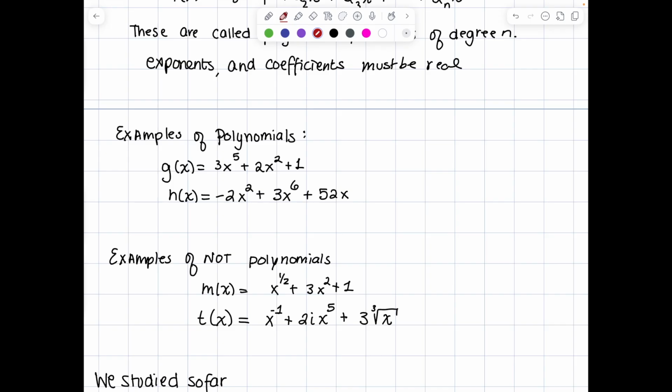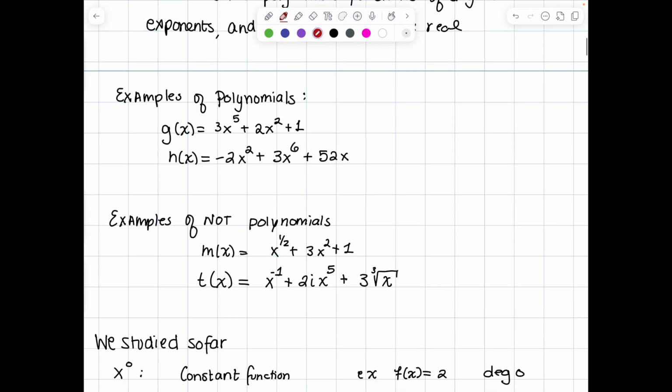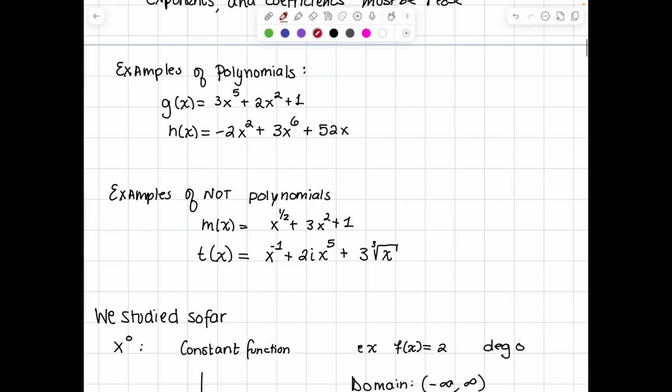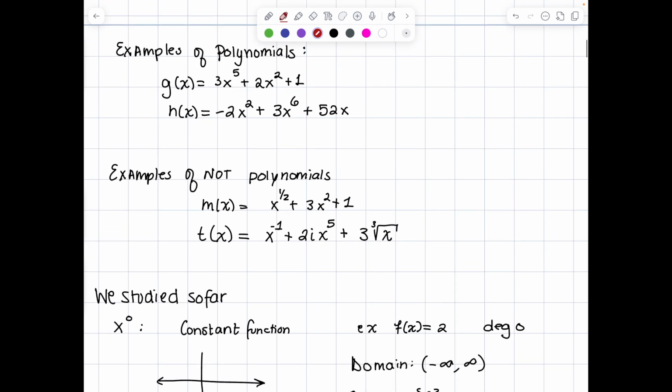We have g of x is 3x to the 5th plus 2x squared plus 1. It's just a standard x to the 5th equation. We've got h of x equaling negative 2x to the 2nd power plus 3x to the 6th plus 52x. That's another example of polynomial. You can have negative coefficients, totally fine.